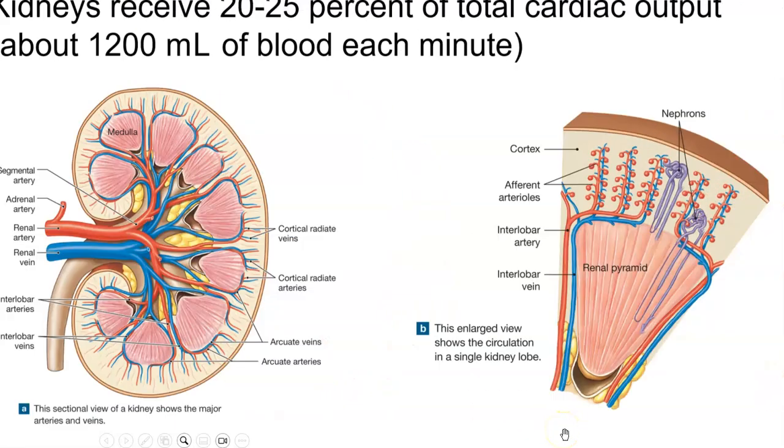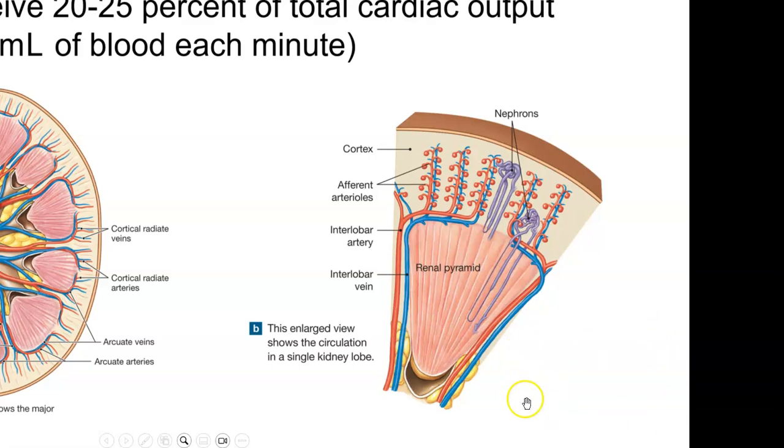Now let's look at the enlarged view of some of the blood vessels so you can see them better. We know that the renal artery branches into segmental arteries, and those branch into the interlobar arteries. Now you can see a little better the arcuate arteries and the cortical radiate arteries in the cortex, and then the capillaries of the nephrons.